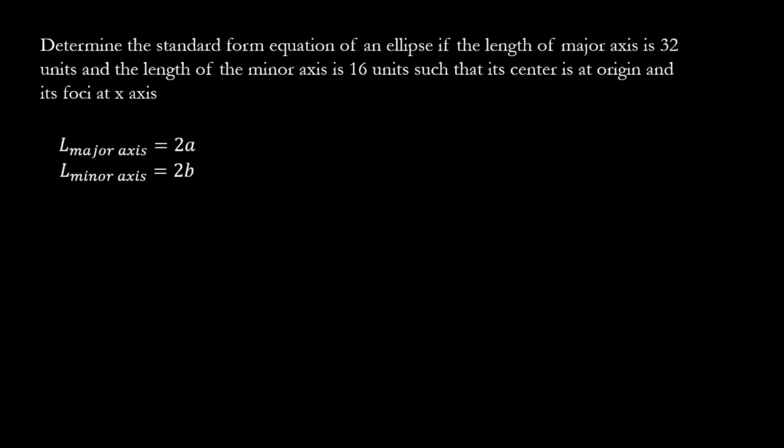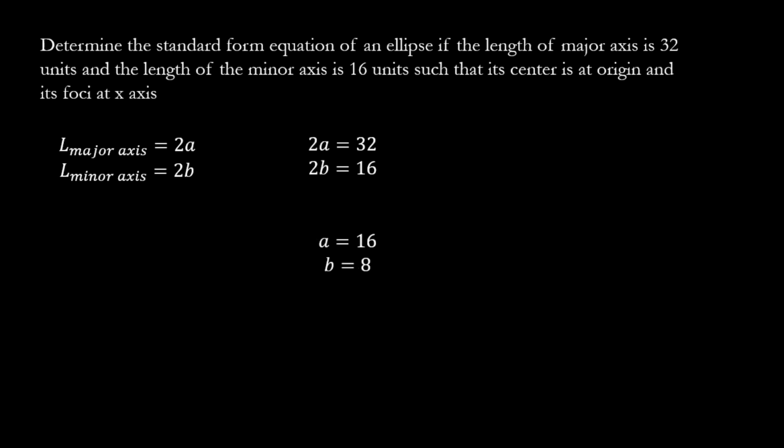Then meron tayong given na length of major axis, that is 32. And the length of the minor axis is 16 units. Okay? Then solve for a and b by dividing both sides by 2. Simplify lang natin, 32 divided by 2 and 16 divided by 2. It will become 16 and 8 respectively. Okay?